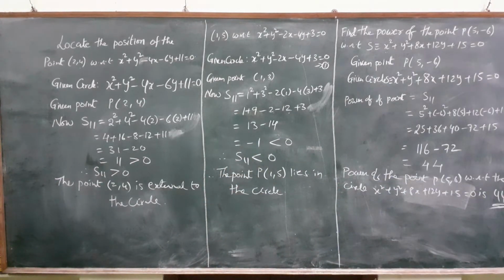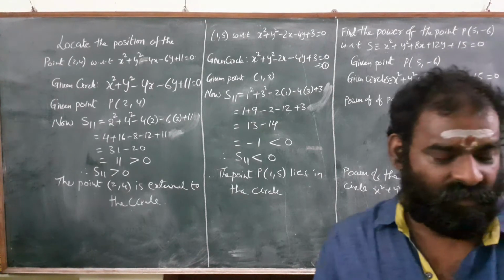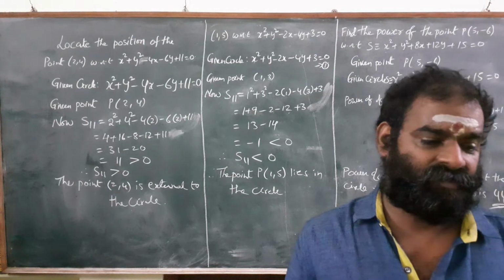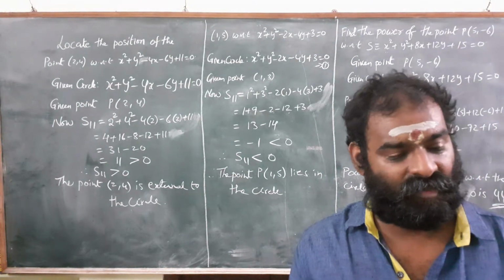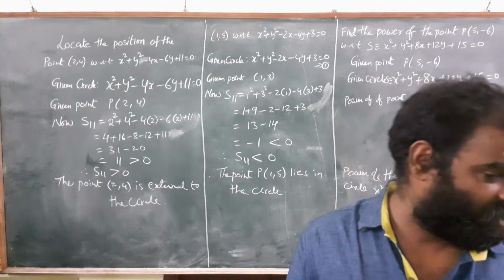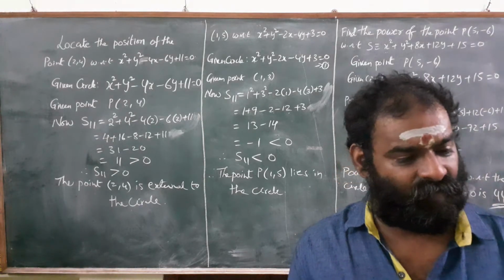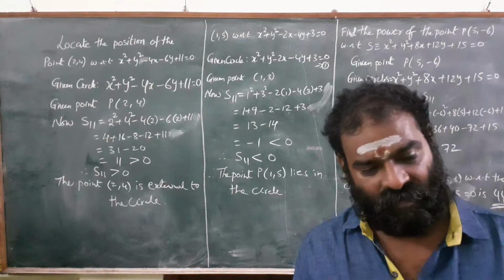Understand? So friends, here observe a simple concept here. There is no such difference between position of a point and power of a point. To find the position of a point we have to calculate S11, and to find the power of the point also we have to calculate S11.